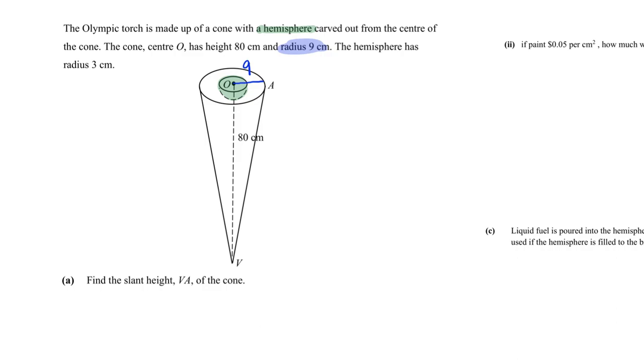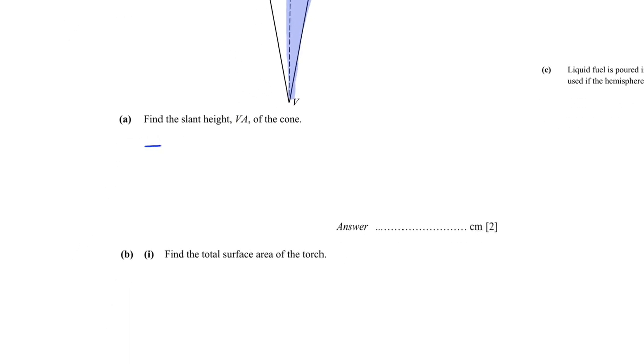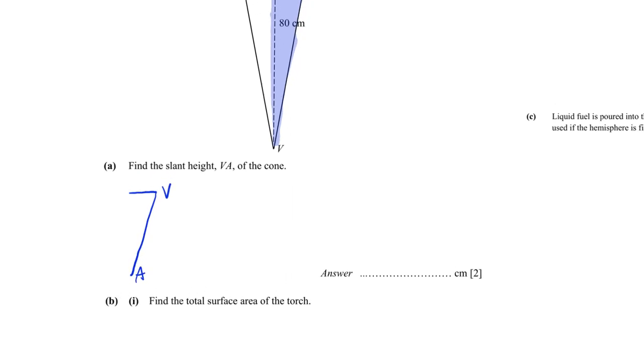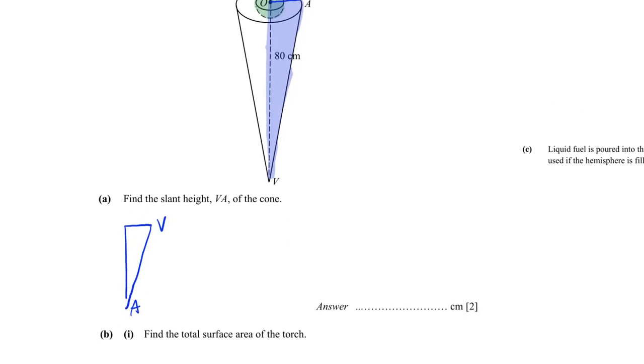And if we are going to solve for the slant height, we would then need to see that this is actually a right angle triangle that I'm going to just indicate here as a sketch. We have 80 and we have 9. So to find VA, it is VA square equals 80 square plus 9 square using Pythagoras theorem.